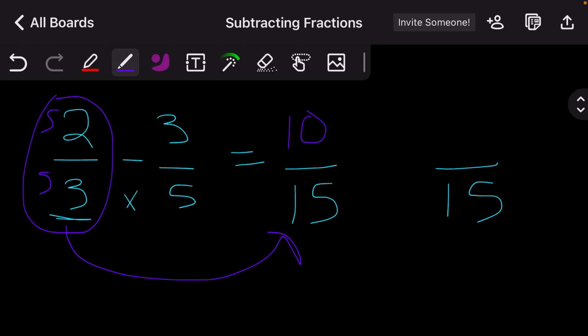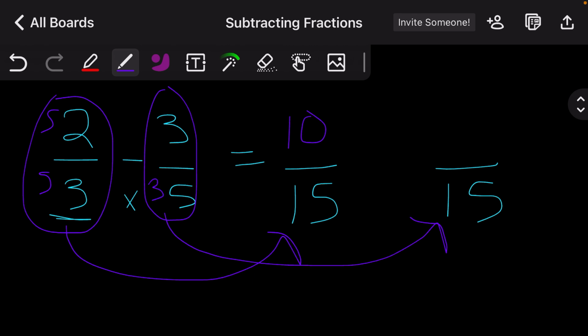And now we can move to this next fraction, 3/5. Our denominator at first was 5, and the denominator we got was 15. So we scaled up this denominator by 3.